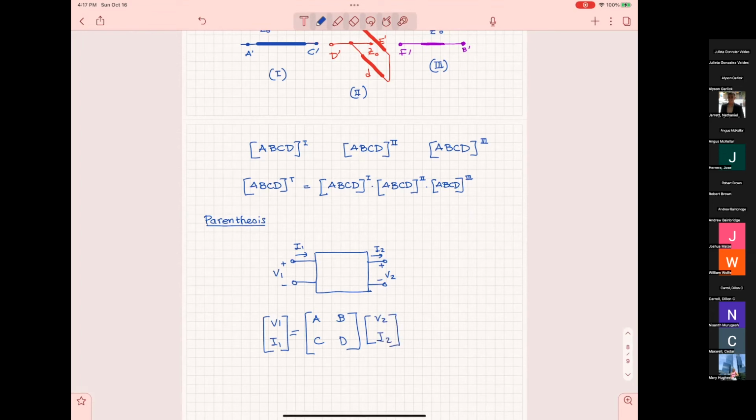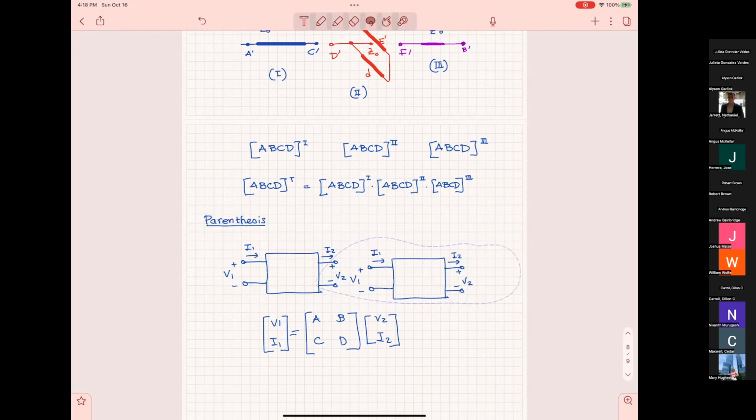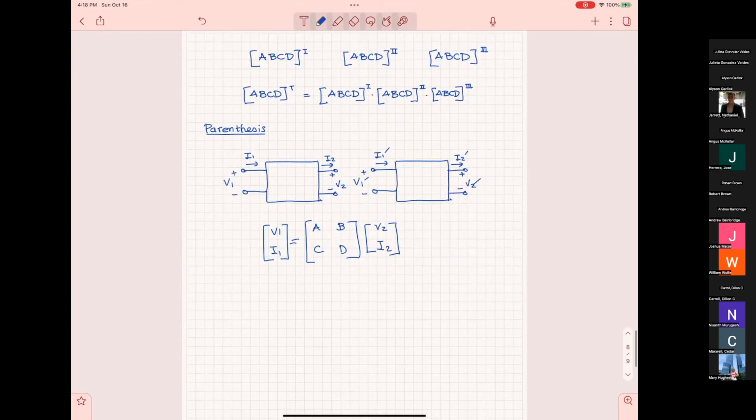Now, if next to it I had another similar one, but I would call all of those primes, what would I have?